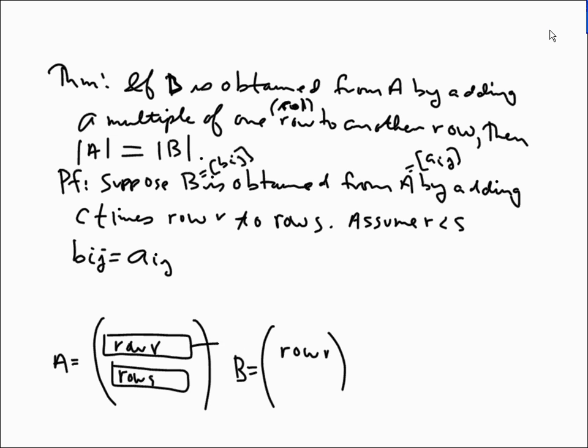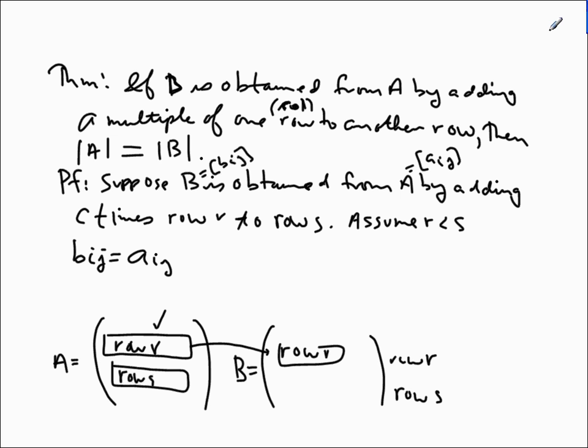Row R is the same row R. But now row S is different.